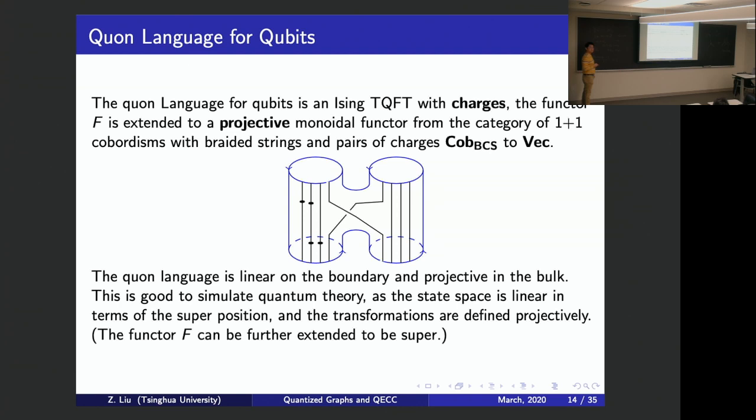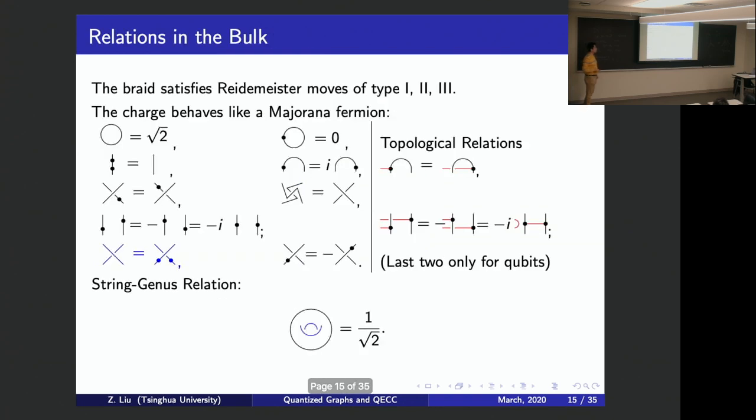Now let's see some basic properties of those charged strings and the surface. First, if we only look at the strings and the charges, they are quite similar to the Ising TQFT or Ising category. In the Ising category, there are 3 objects: the trivial one, the alternating one, and one more with quantum dimension square root of 2.